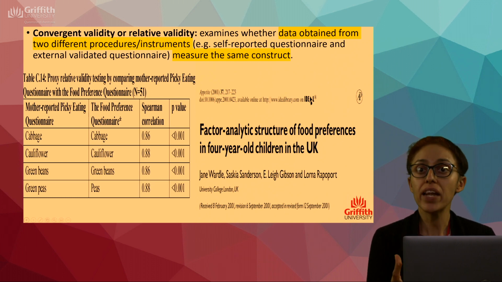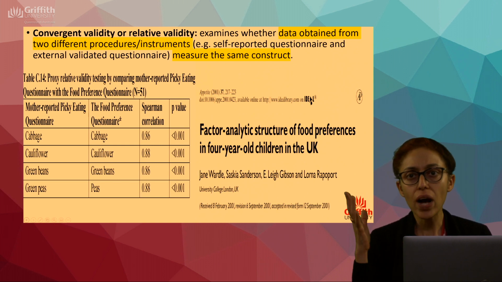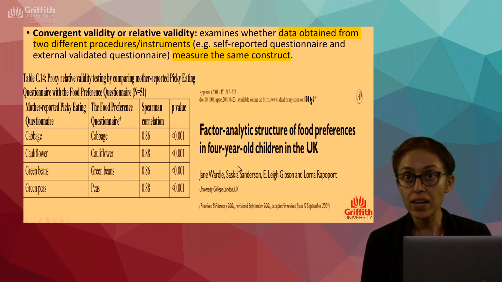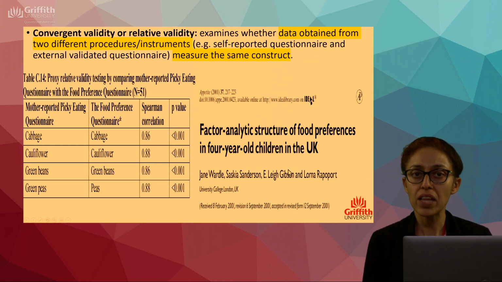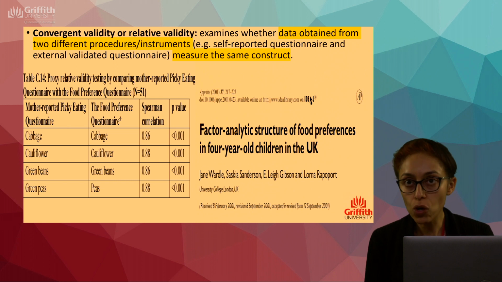It is coming from their experience. If the child in my questionnaire says, oh, I hate cabbage, and when I ask him to complete the external questionnaire, Anna Flight's questionnaire, the author is Anna Flight for this one, and if they say, oh, I love cabbages, there's something going wrong. Either they are not understanding your questionnaire, or something you have to figure out. That is not the right thing.